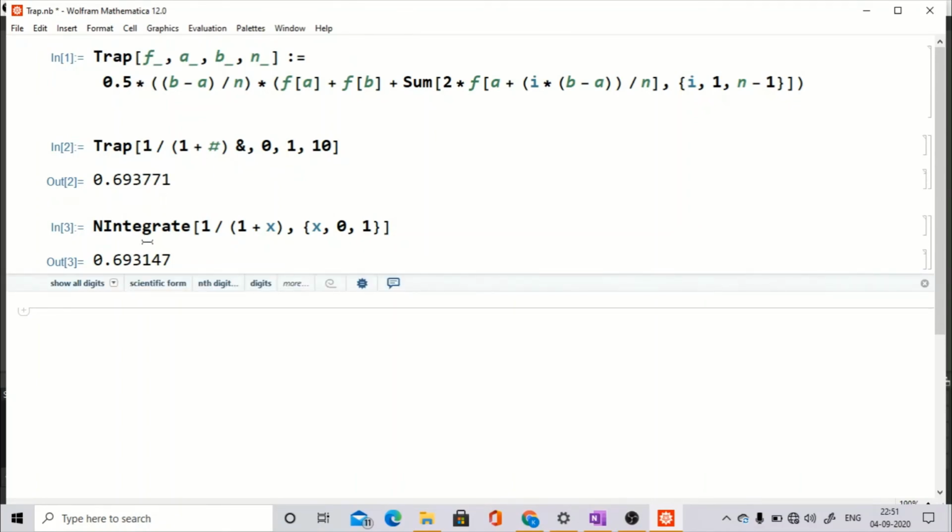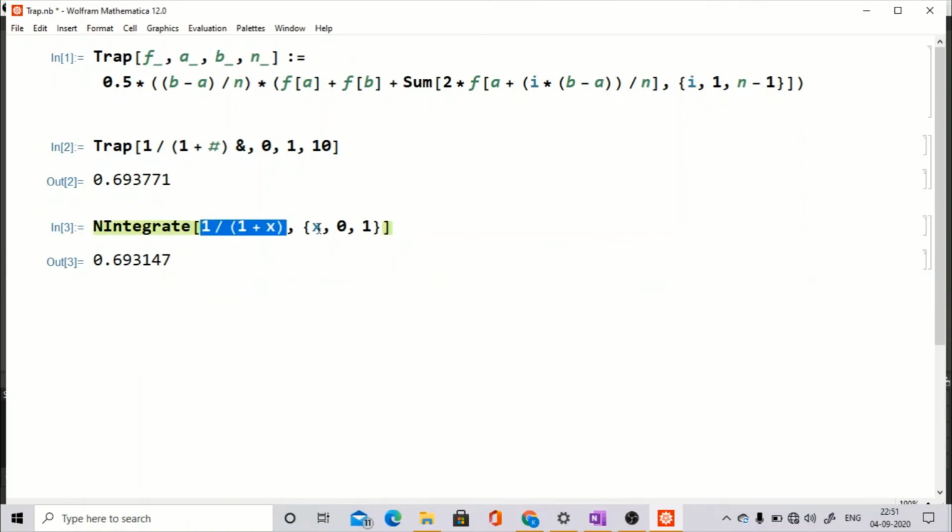I am also comparing that value with the integration of 1 upon 1 plus x for x varying from 0 to 1, and you can see that this and this value are different.